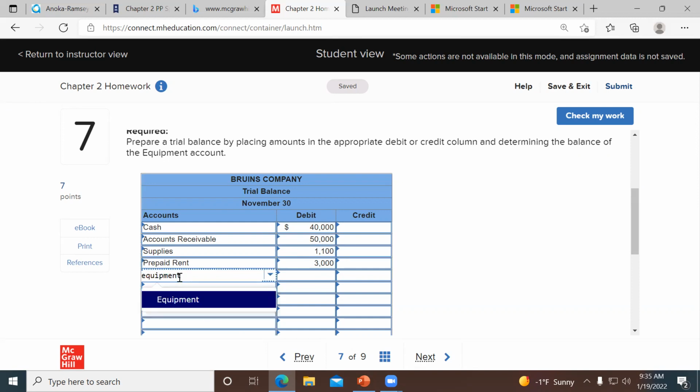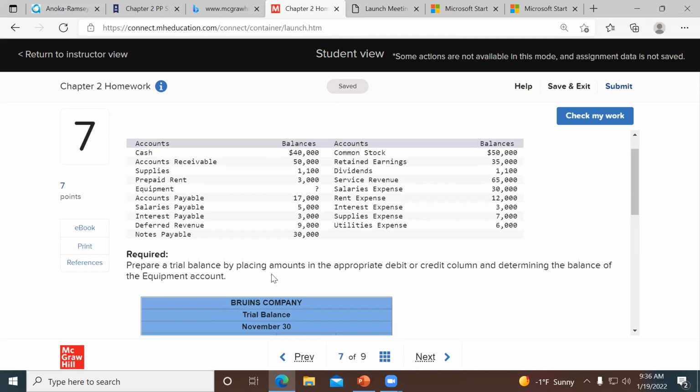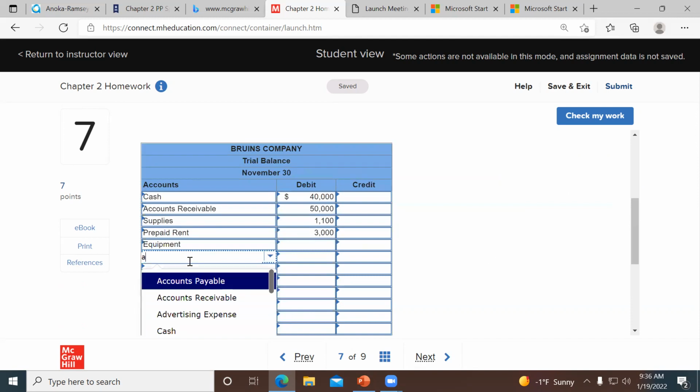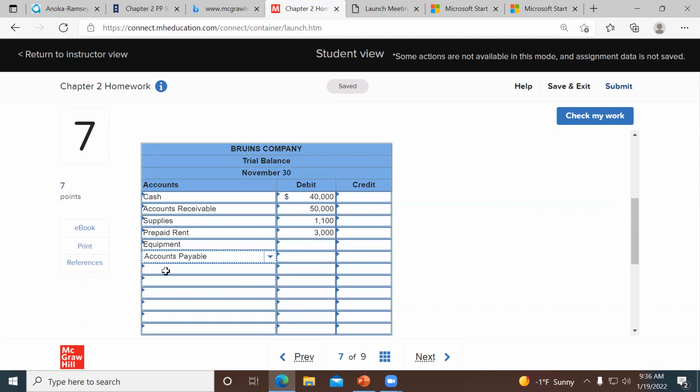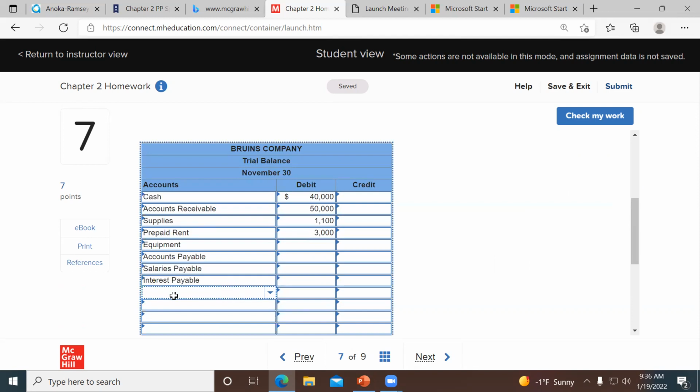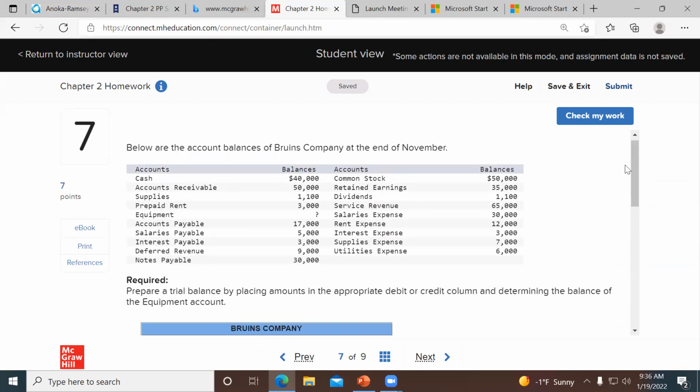Now the equipment, we don't know what that amount is yet, do we? Then we have a series of payables: accounts payable, salaries payable, interest payable, deferred revenue. What else? Notes payable.